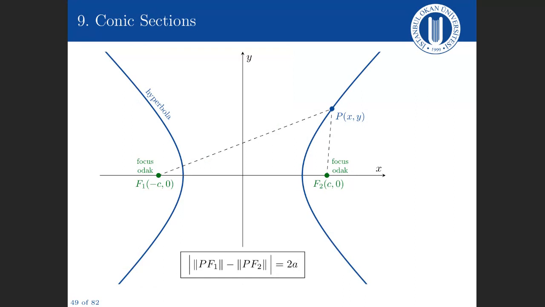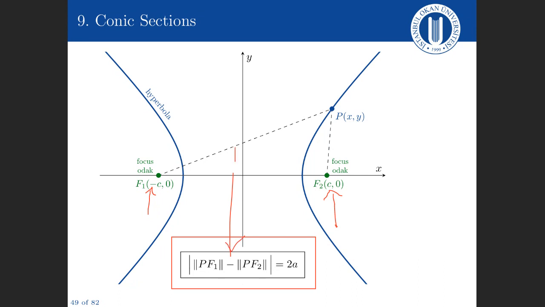Let's look at the pictures we did before. Again, we need two foci, which I'm going to use the same coordinates as before, minus c, 0 and c, 0. This time we have a slightly different equation.